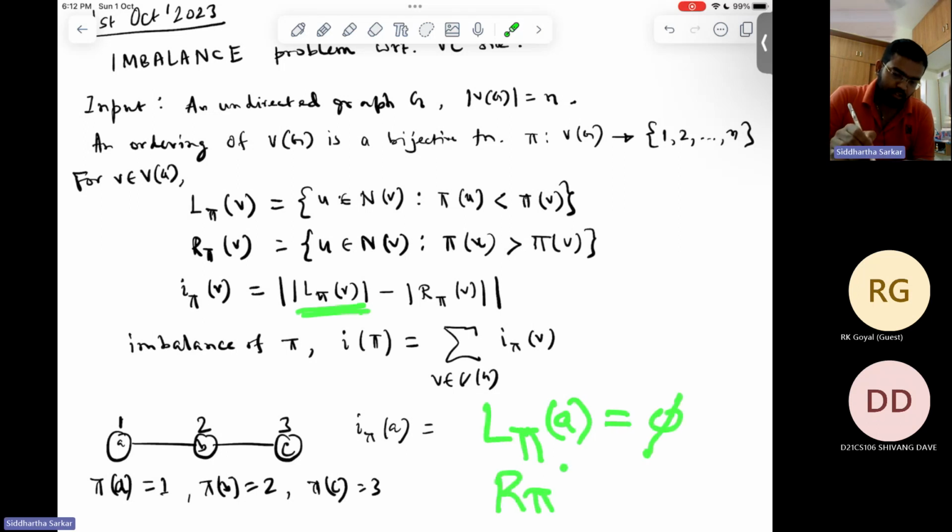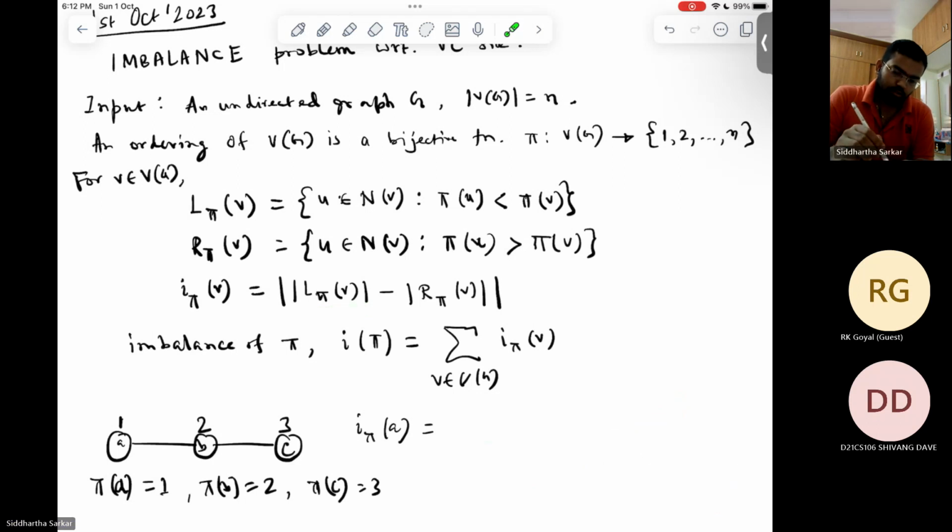But R pi of A is the set containing B. So 1 minus 0 is the imbalance at A. Okay. So similarly, what is the imbalance at B?